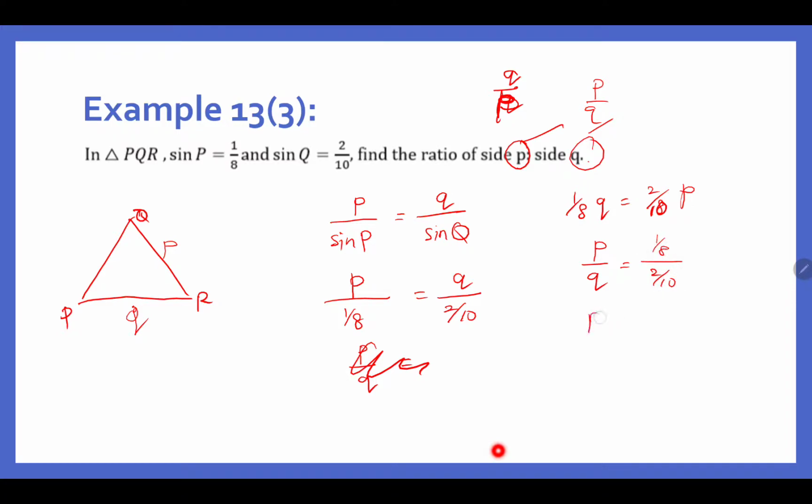Okay, so the answer is 5 over 8. So which means the ratio of side p dengan side q adalah 5:8. So that's the answer for this question.